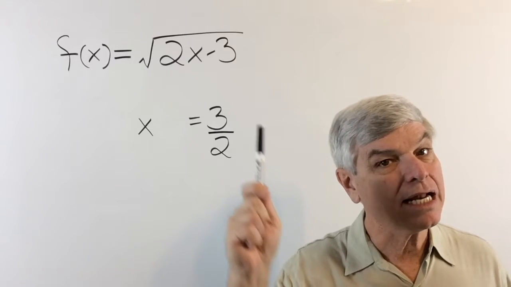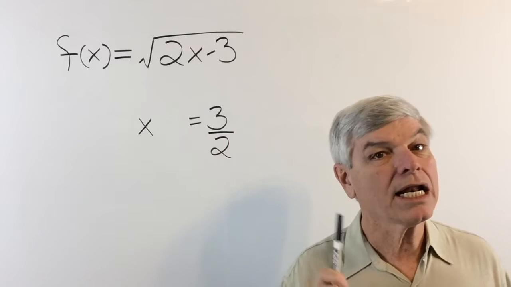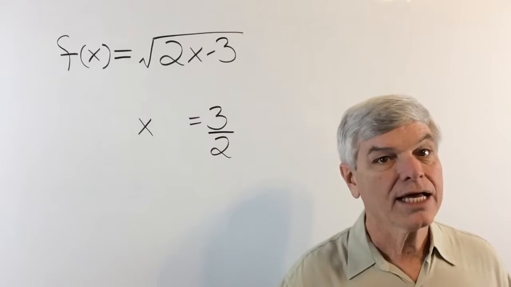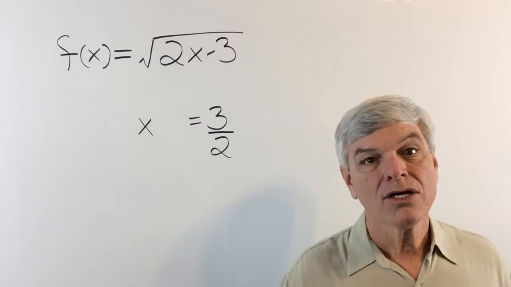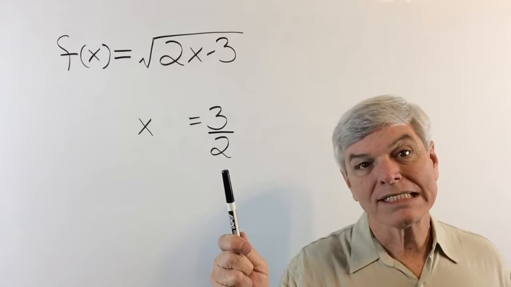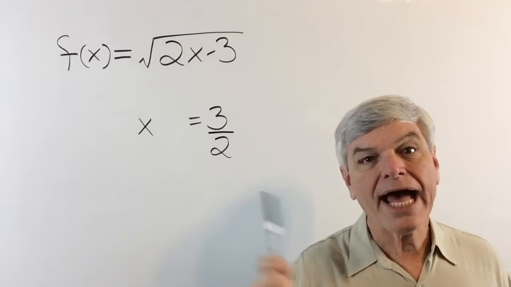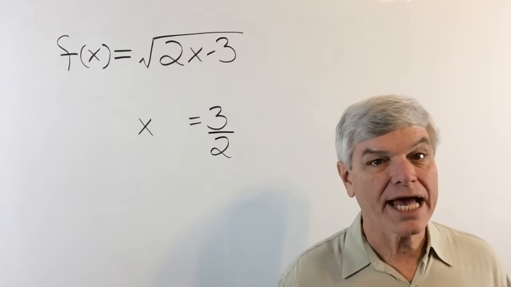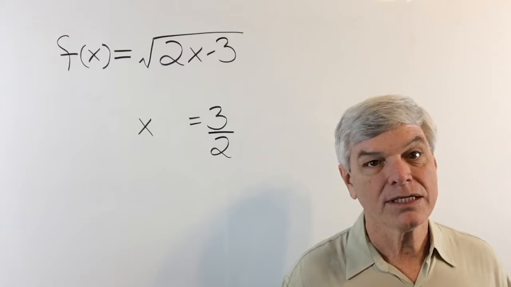Now, I'm not saying that x needs to be a positive number. I'm saying that the whole root, this whole thing, needs to be either 0 or positive. So we said that this is good because 3 halves is going to give us 0, and any number larger than 3 halves is going to give us a positive root.